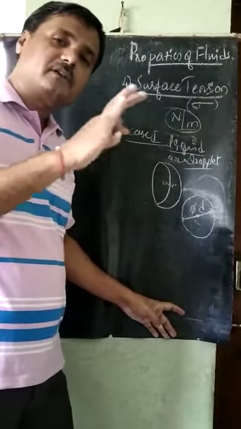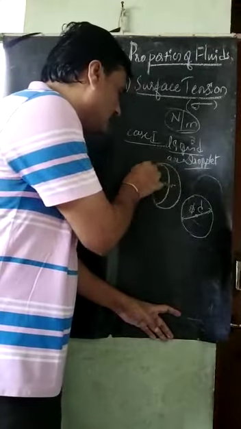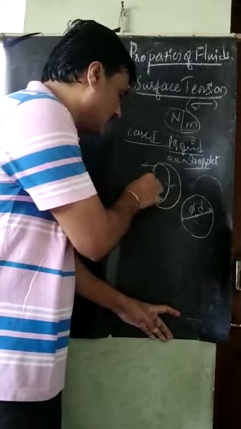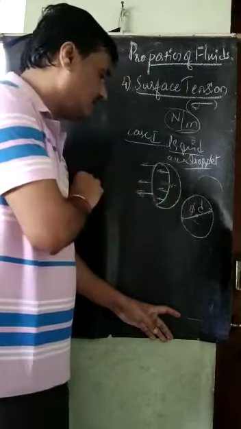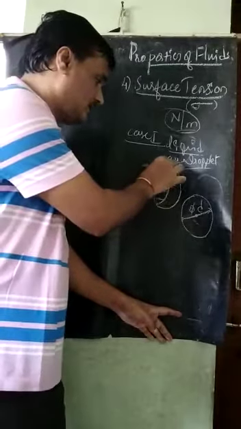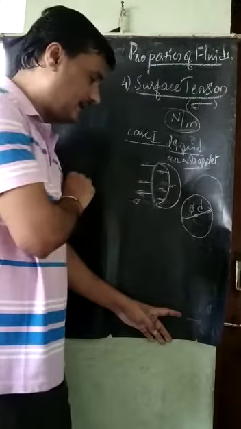The surface tension force acts on this circumference. This is the direction I am taking. It acts on this circle, that is, on the perimeter of this circle.